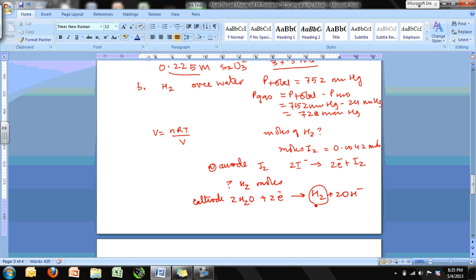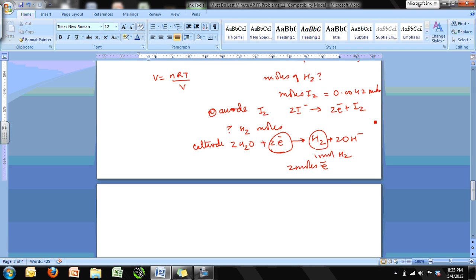So to make 1 mole of hydrogen, you need 2 moles of electrons. To make 1 mole of iodine, 2 moles of electrons were released, and you need 2 moles of electrons to make 1 mole of hydrogen. So moles of hydrogen formed will be equal to moles of iodine. That's one way of doing it, and in that case, moles of hydrogen will be 0.0042 moles. This is one way of thinking.